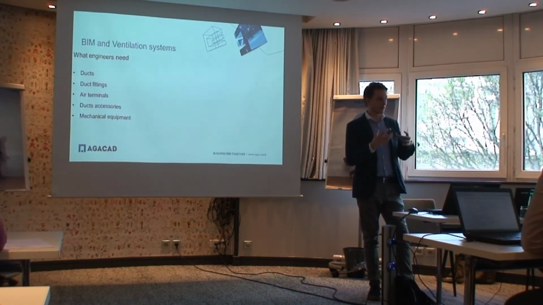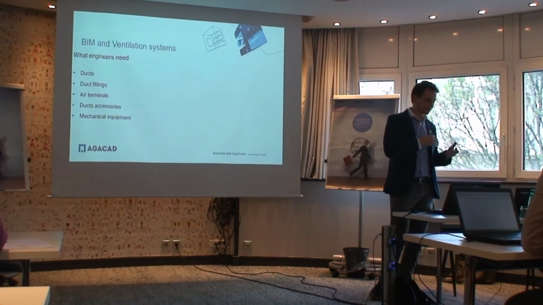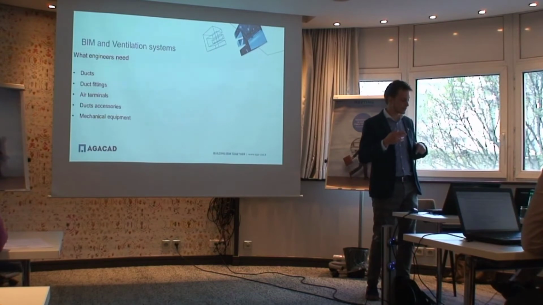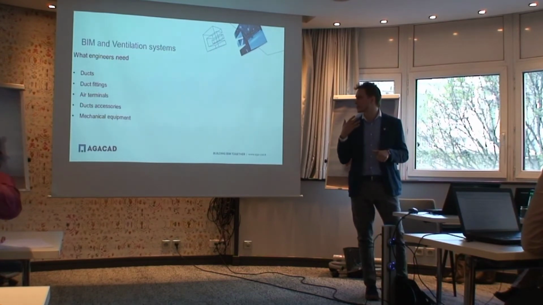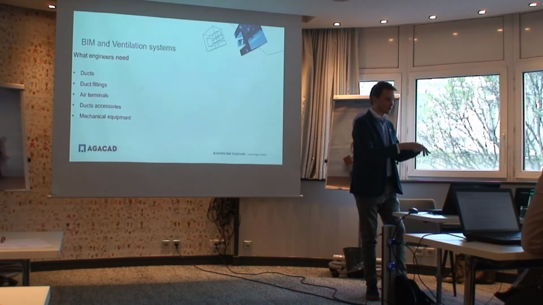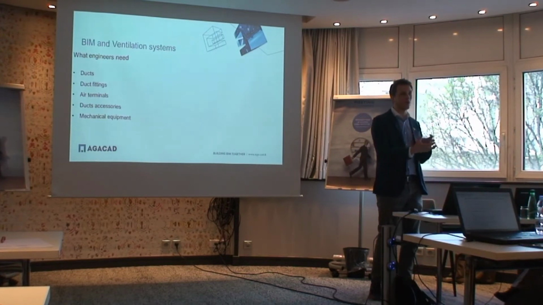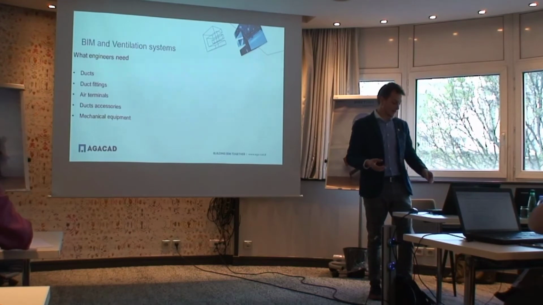So they need elements. They need ducts, duct fittings, duct accessories, mechanical equipment, air terminals. They need those elements to place into the model, to write some data about that, or just to place that element into the model with all the needed data inside.